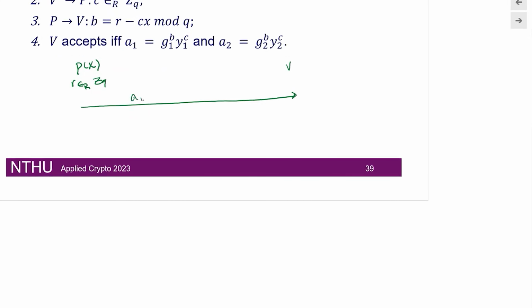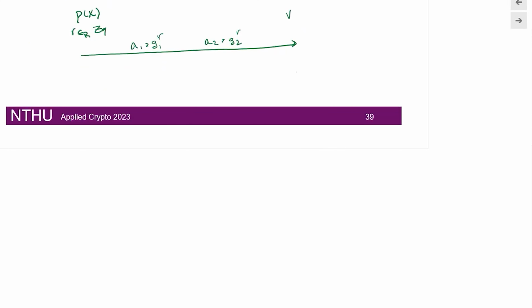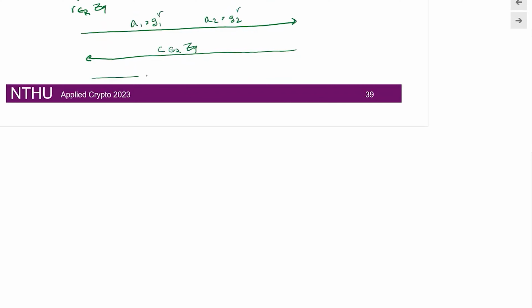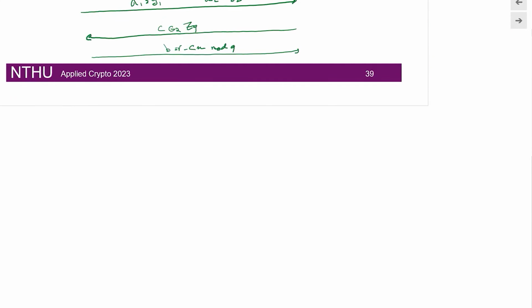We compute A1, which is g1 to the R, and A2, which is g2 to the R. Then the verifier sends us a challenge C from Z_q, and we return a B value, which is R minus CX mod q. Once we are done with this, we can check the correctness.